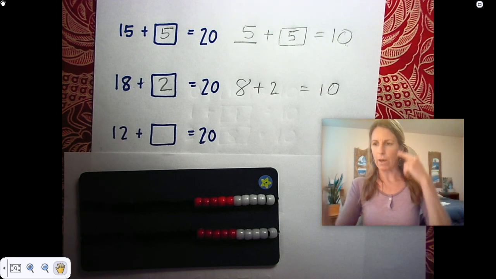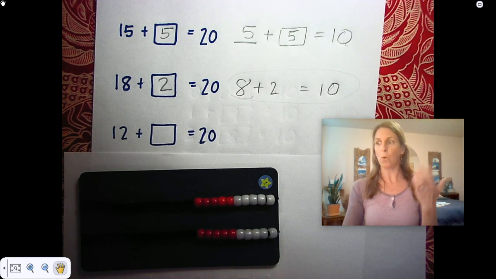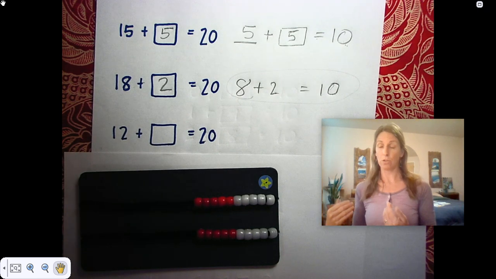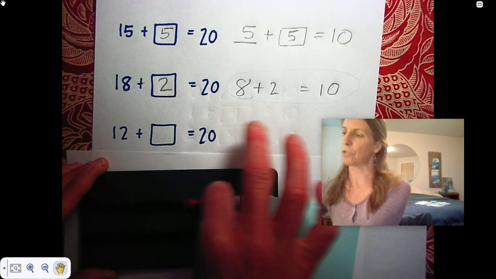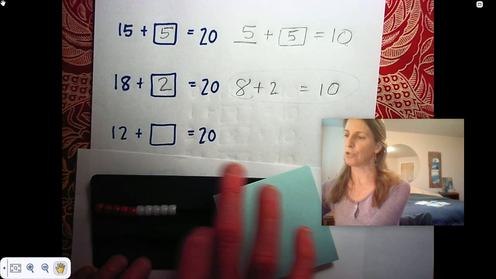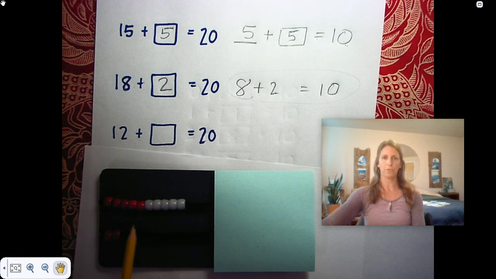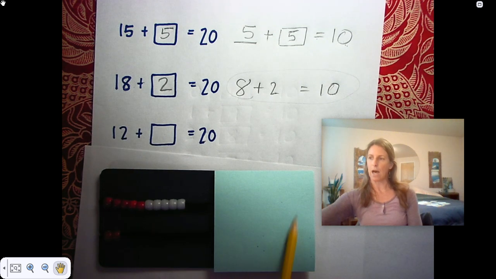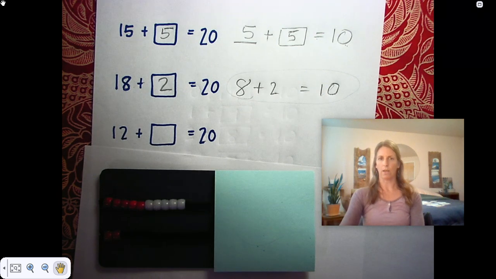You could think about your tens facts that you know to help you, or show a picture with a number rack. So I need 12. So I'm going to scooch 10 over. There's 10 and 2 more to make 12. So here are my 12 plus some number equal 20 altogether.